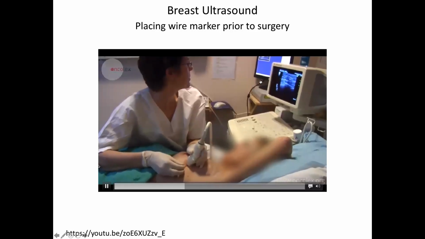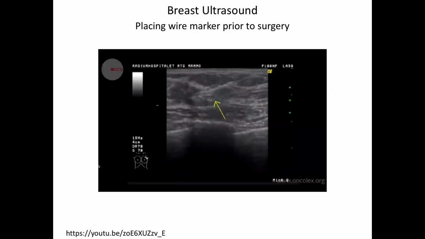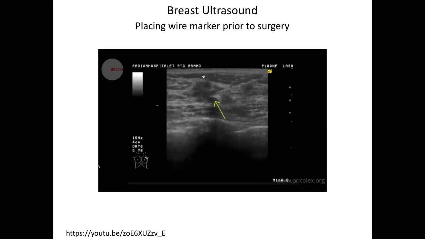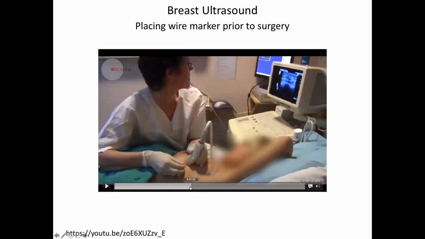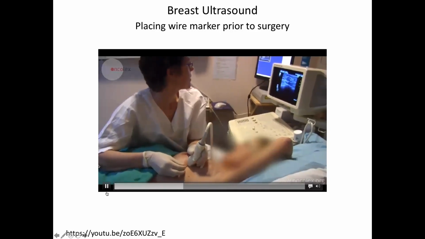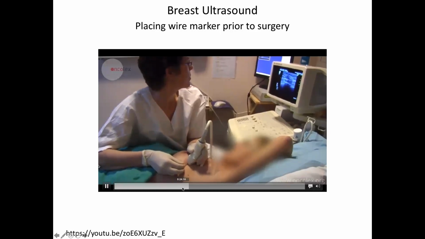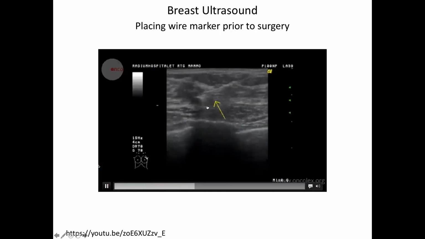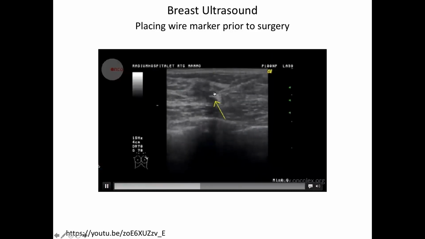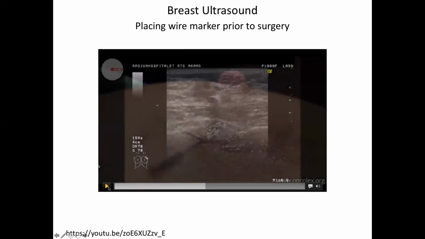So you'd want to practice this a bunch on a phantom before you did this, right? Because look how the tissue deforms, for one thing, as we go back and watch this. As she's advancing the needle, look how much deformation is in the tissue, right? So there's a lot of skill in your ability with needle manipulation in a soft, compliant object.